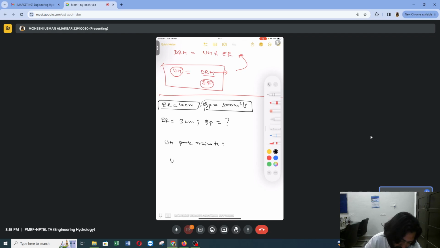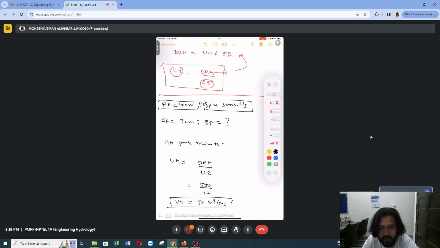We know the relation that UH ordinate is nothing but DRH ordinate divided by ER. So we can simply divide 500 by 10 and get the value of 50. So the unit hydrograph peak ordinate is 50 meter cube per second.